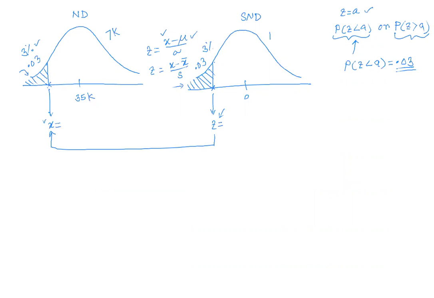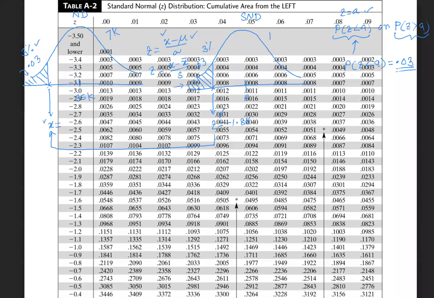Mr. Hussein, I have a question. When you got negative 1.88, why is it negative 1.88? Okay, so let's go back to the table then. See here, negative 0.0301 right here.